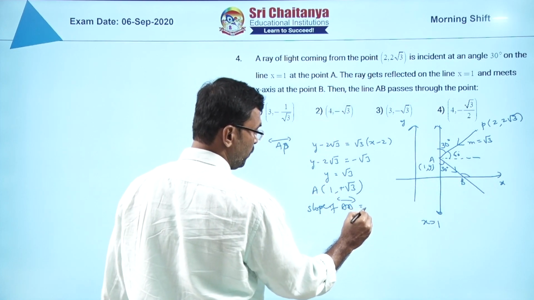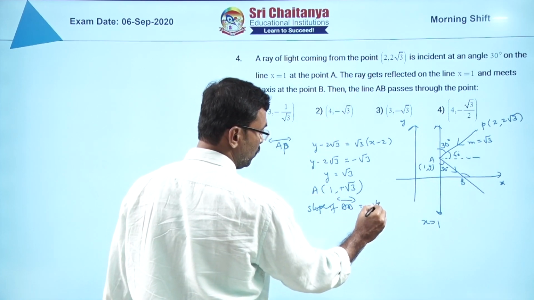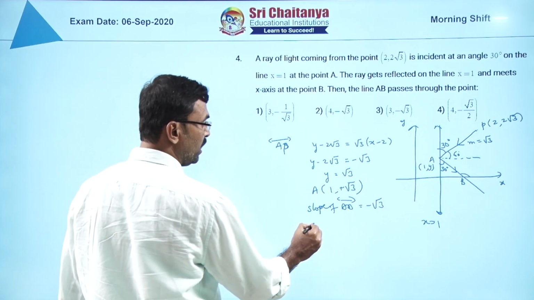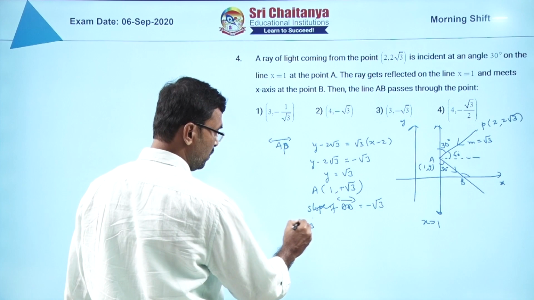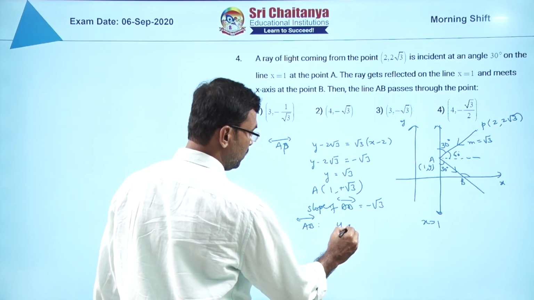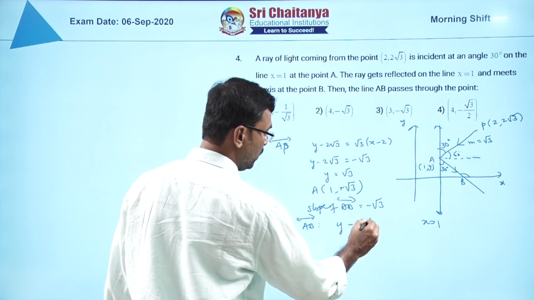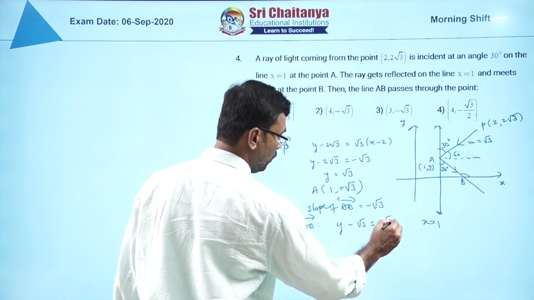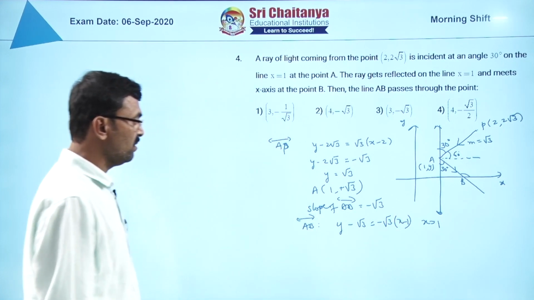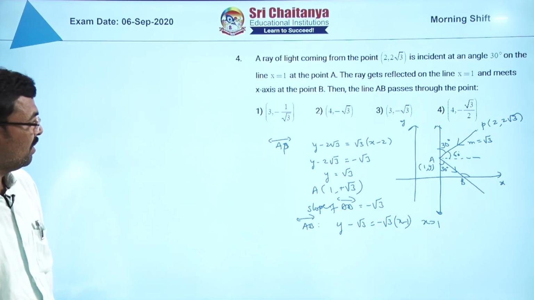So, therefore, slope of AB is equal to tan 150, that is minus root 3. So, equation of AB is y minus y1, that is root 3, is equal to m, minus root 3, into x minus x1, that is x minus 1. This is the equation of line AB.